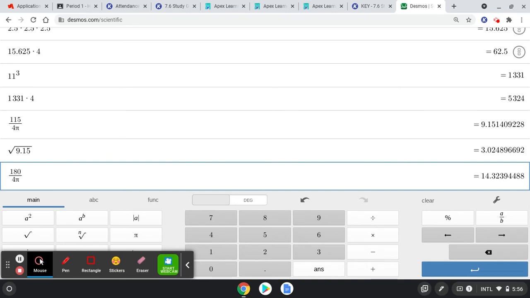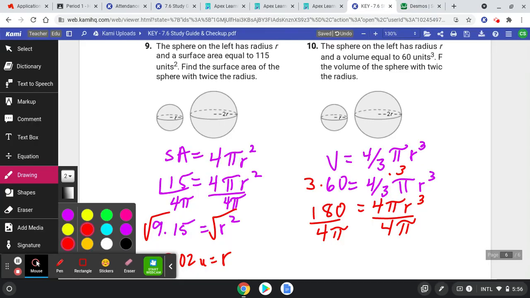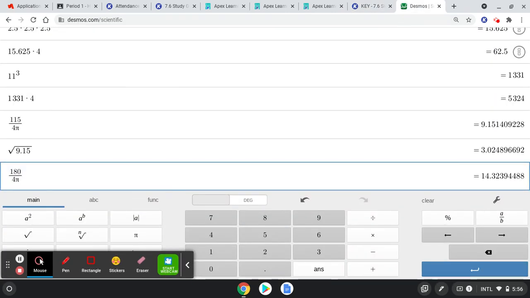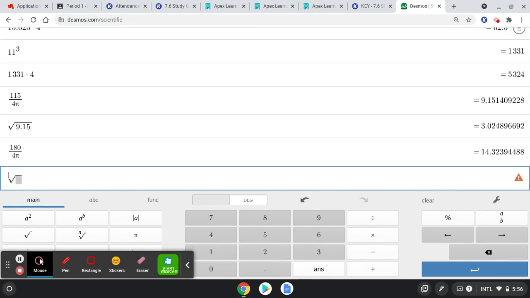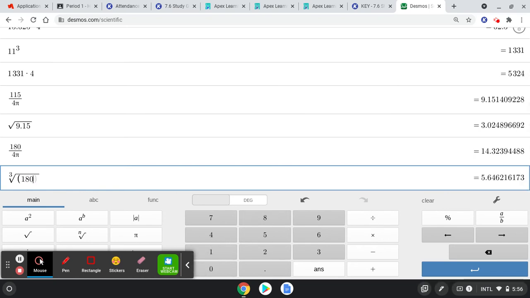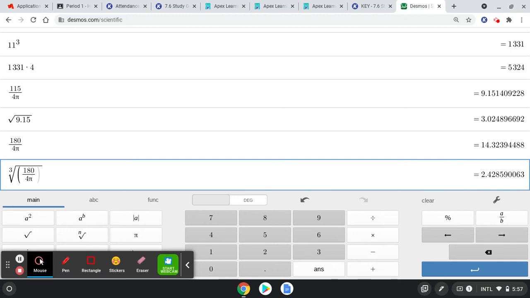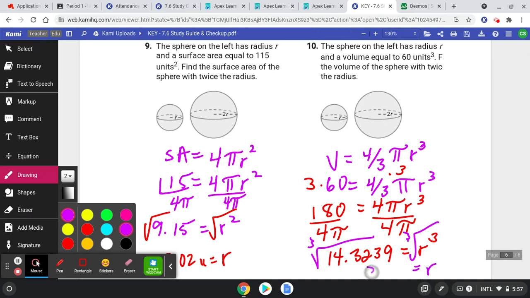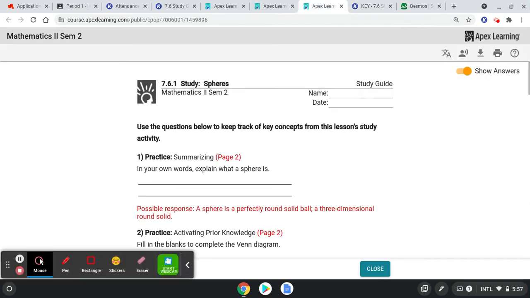And it's 14.3239, etc. And then we're going to take the cubed root of that. And that comes out to 2.4286 units.